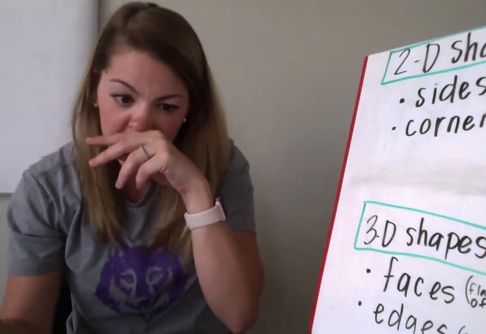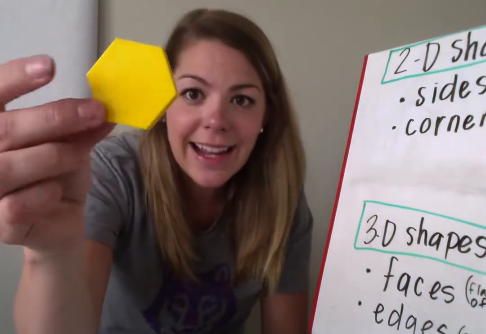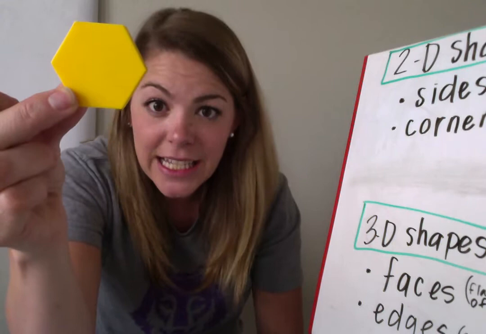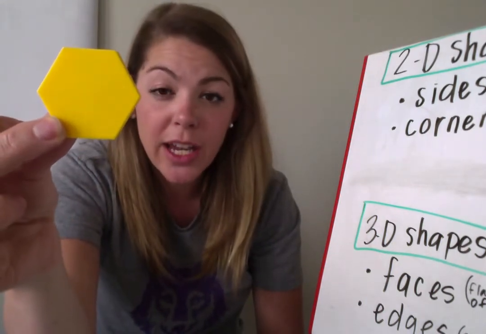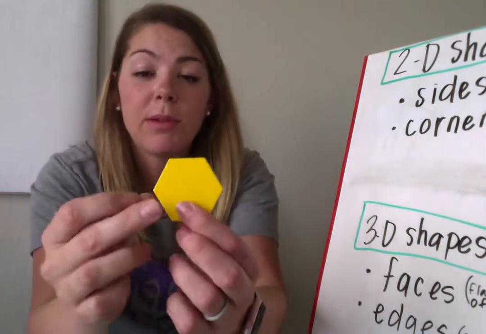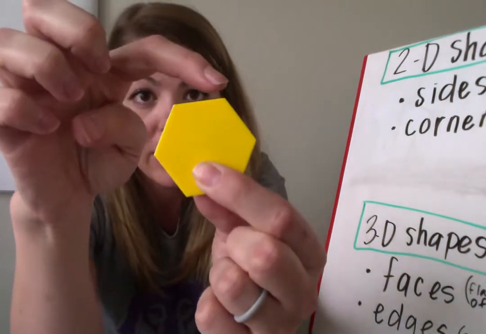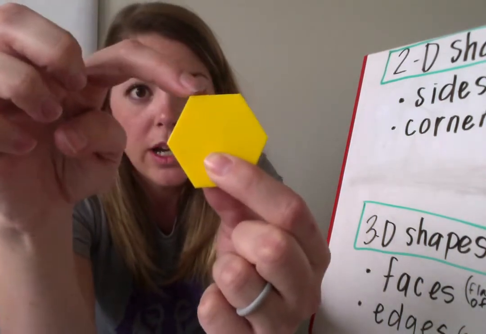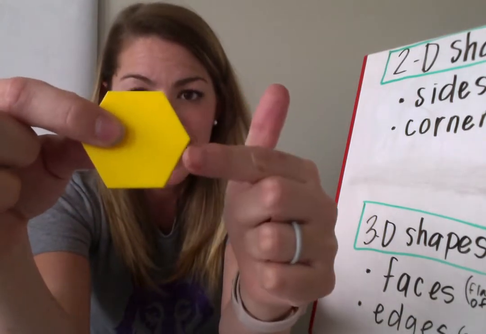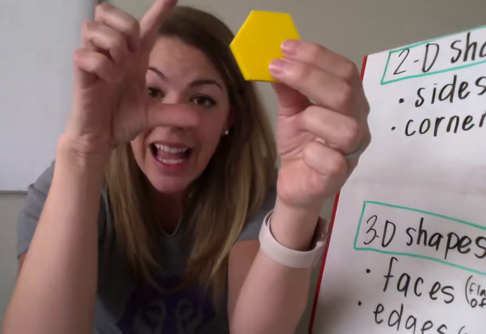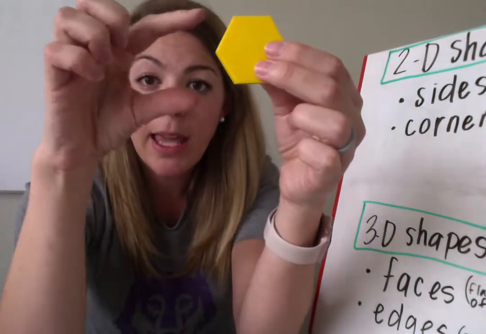Looking at some of our other shapes, this is a hexagon. Hex means 6. So you'll notice that 6 shows up when we're talking about sides and corners for this shape. Remember, your sides are going to be your flat parts that are creating a line. 1, 2, 3, 4, 5, 6. And wherever those lines come together, they make a point.